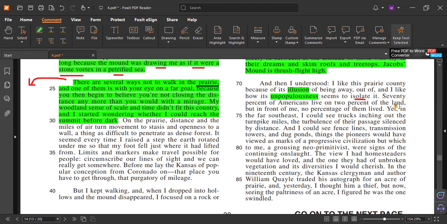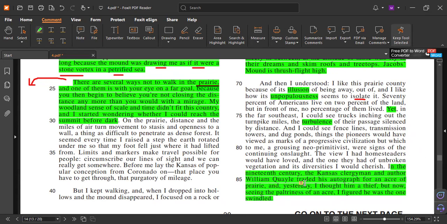I could see trucks, engines, hear the turbulence, the commotion or chaos, silenced by distance, and I could see fence lines, transmission. And then he said the view I had was the one he had of broken vegetation in the 19th century. So he added this anecdote to prove the idea before.